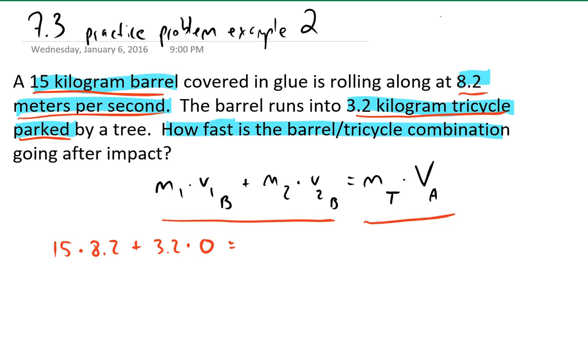And that's equal to our total mass. And this is where it's a little bit different. Okay, for the total mass, we have to add up the mass of the first object and the second object. So we have to do 15 plus 3.2, I'll do it over here, 15 plus 3.2 gives us a total mass of 18.2 kilograms, and so I'll put that in green here, 18.2 kilograms multiplied by how fast the barrel tricycle combination is going.